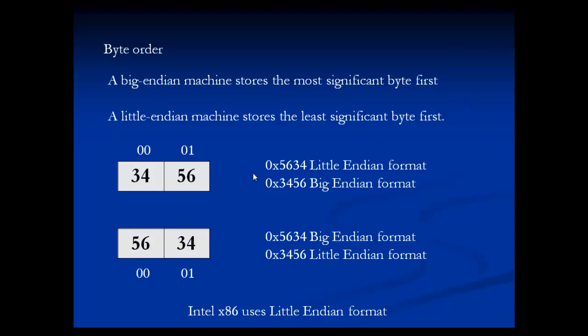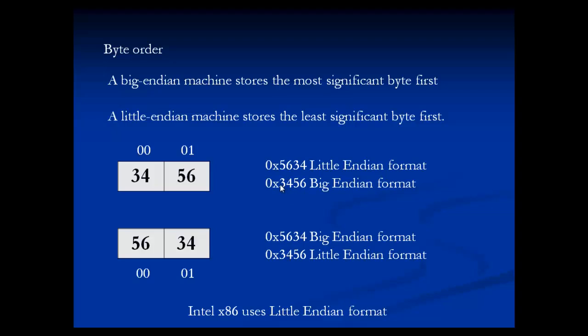For example, in this example, 34 is one byte and 56 is another byte. If it is in big endian format, 34 is the most significant byte, so we have kept it first, and 56 is the least significant byte, so we have kept it at the end. So this is big endian format.